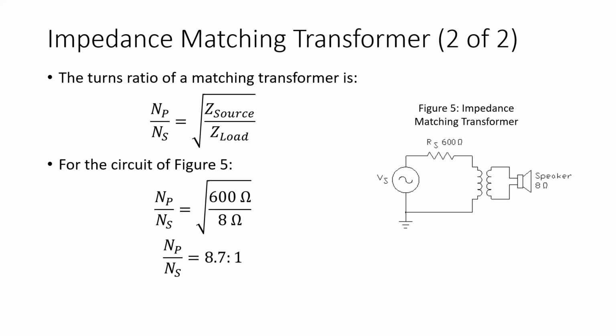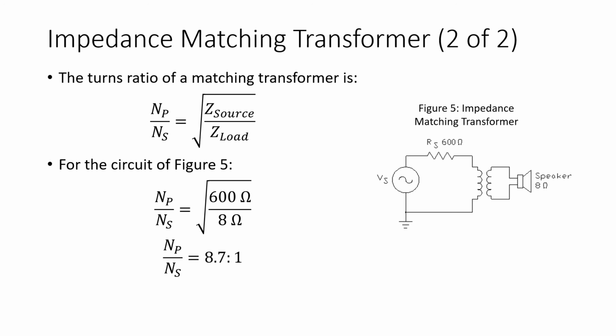So we substitute in the values given, 600 ohms for the source impedance and 8 ohms for the load impedance, and we calculate that we need an impedance matching transformer with a turns ratio of 8.7 to 1 in order to make that 8 ohm speaker look like it's 600 ohms and thereby deliver maximum power to the speaker.